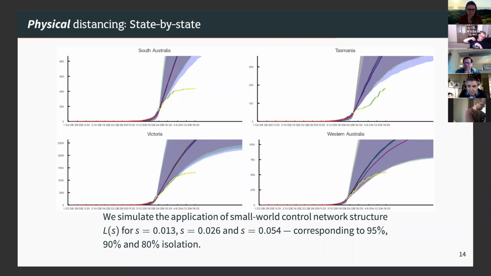But there's the thing that I'm not controlling, which could force these curves down further, is the latency period and the rate of removal. Right? The other thing that is not reflected in this data is importation. I've made a very simple model where the cases I'm getting are local transmissions from other local cases.